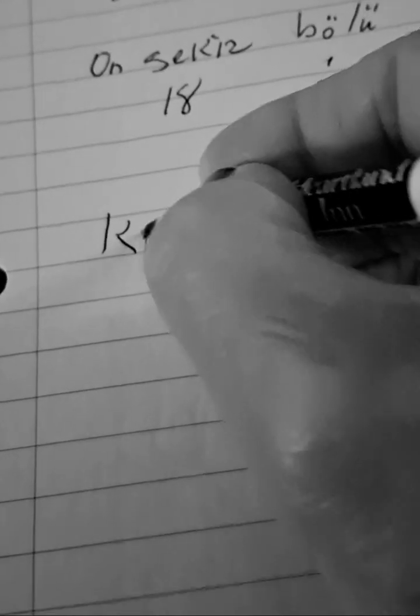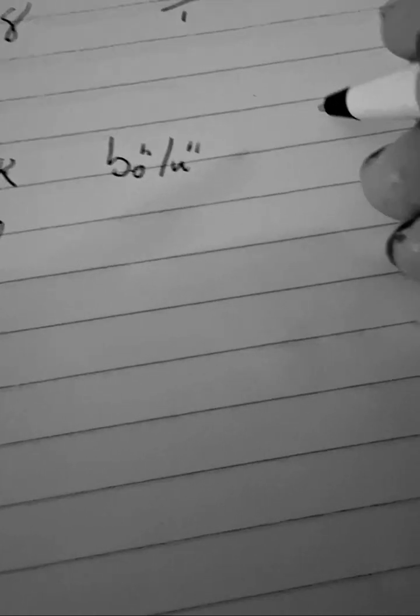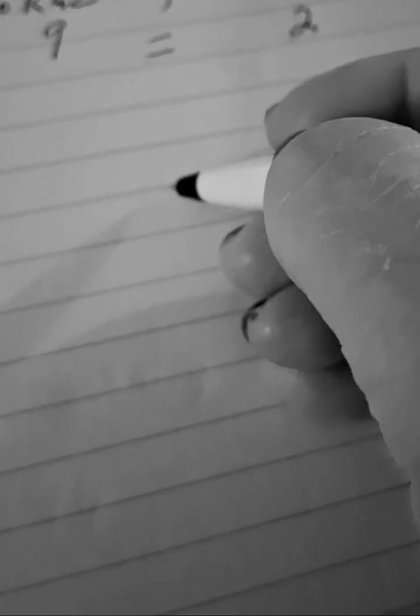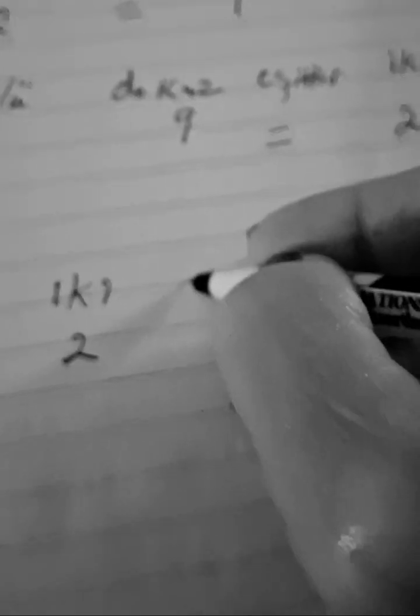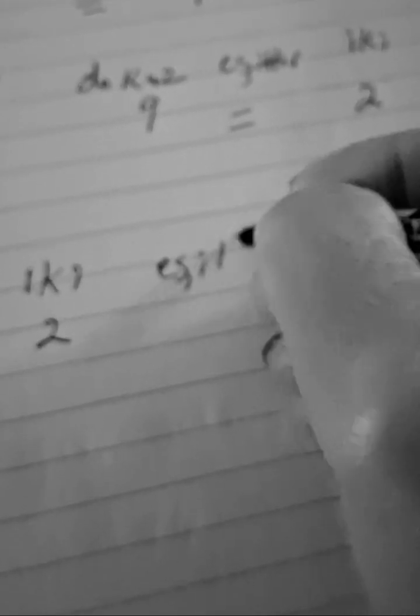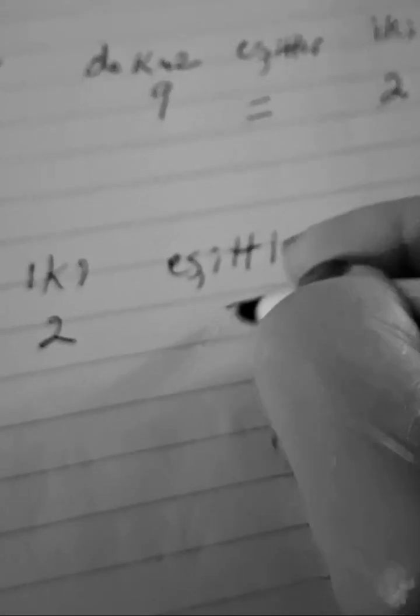Kırk, which is 40, böl 2 eşittir. Sorry, every once in a while it wants to blur.